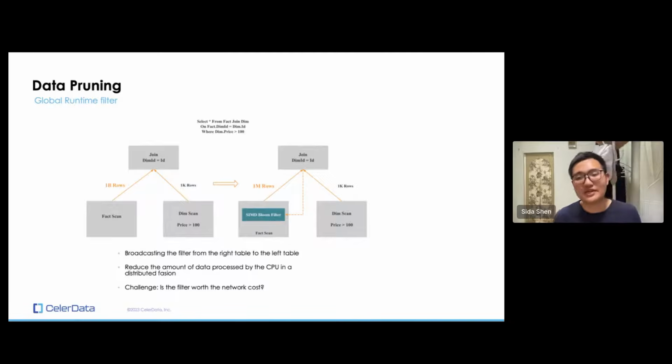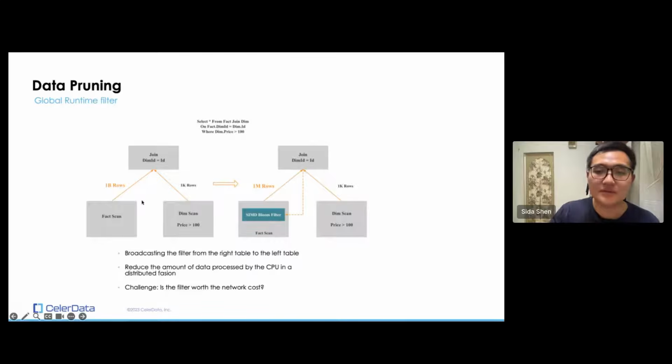And also StarRocks has a lot of other kinds of optimizations, right? Like data pruning. So the objective of this is basically to minimize the amount of data that's being processed by your CPU. So let's consider this query, right? Select star from fact join dimension table on fact.dimension_id = dimension.id, where dimension.price is greater than 100, right?